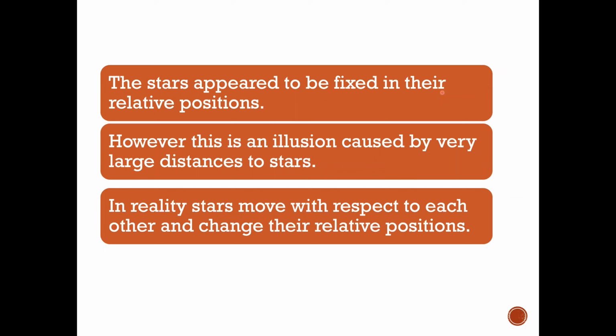Even in day-to-day life, if you look at something at a very large distance, if the movements are small, you cannot detect it. You feel that it is at the same position. Now, the same thing applies for stars. In reality, the stars actually move with respect to each other and change their relative positions. So this is what actually happens.